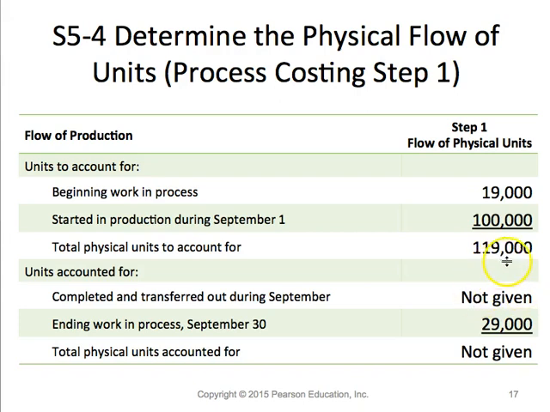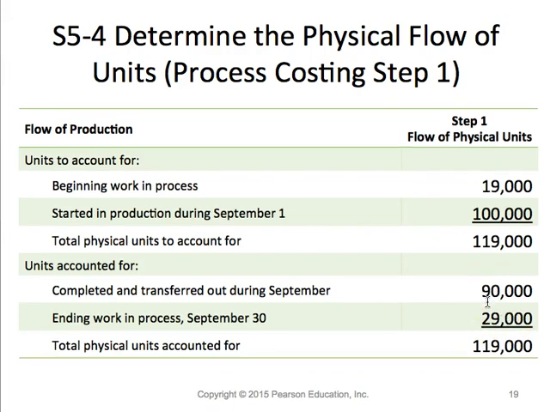So 119,000 is the total, and it'll be the same. We transfer this number to here, because the units completed and transferred out during September plus the work in process on September 30th equal this number. So this is the only thing we don't know. We use this sum minus whatever number is here, and we get the other number. This is how we get it.